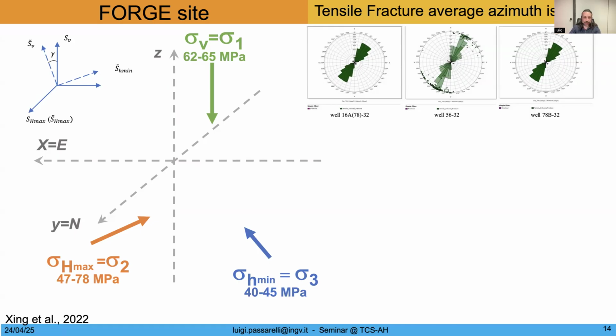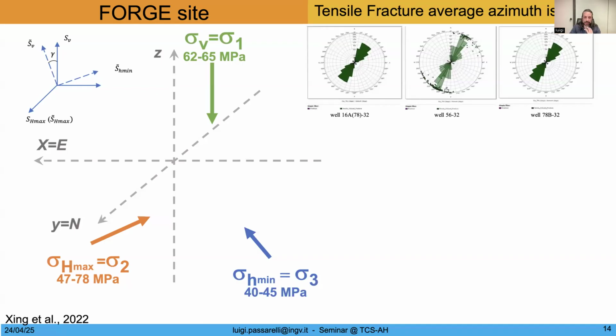And I wanted to stress that on a regional scale, it's a normal faulting system, but locally you can have a normal stress where sigma 1 is greater than sigma 2 and sigma 3, but also due to the variability of sigma H max, you could have a flip of the stress field. From normal faulting, it became a strike slip regime.